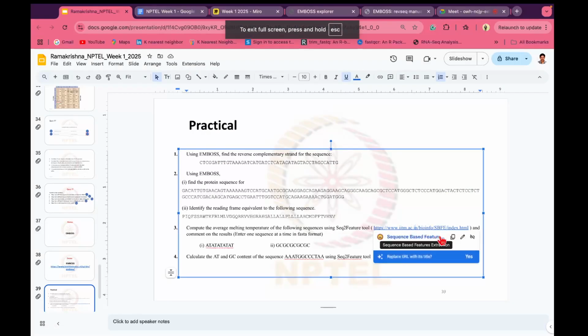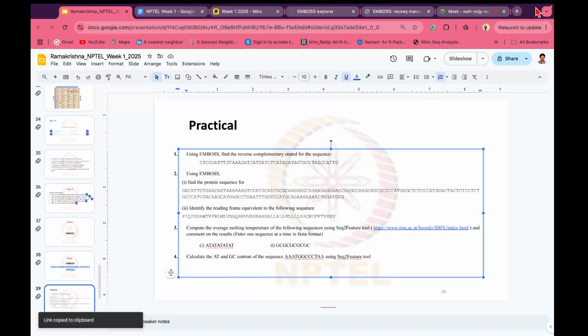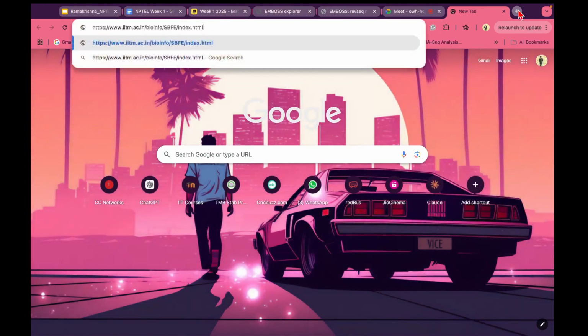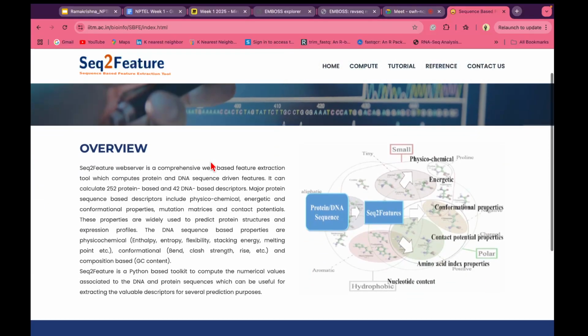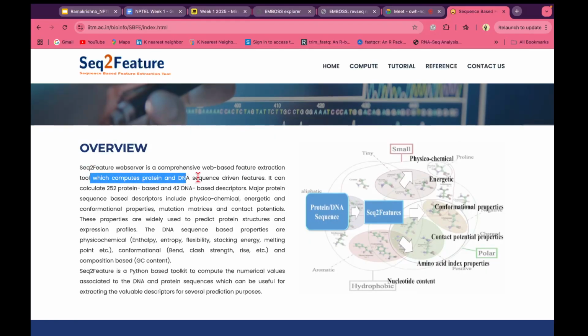For more sequence analysis, we have one more in-house tool, that is seek2feature. Seek2feature is a web server, a comprehensive feature extraction tool which computes protein and DNA sequence-derived features.